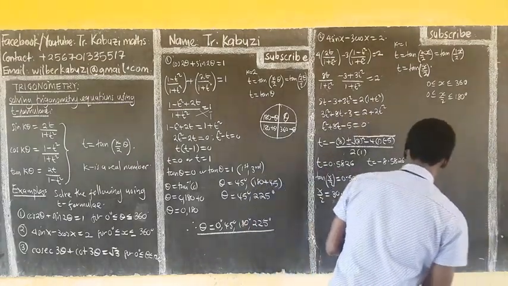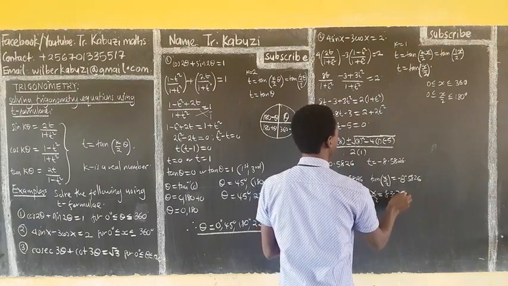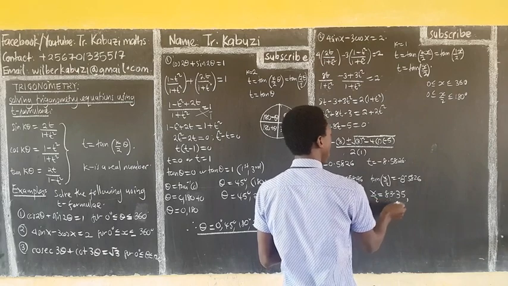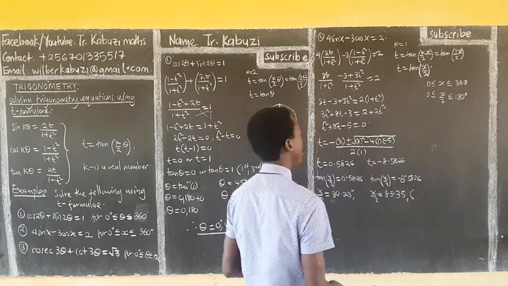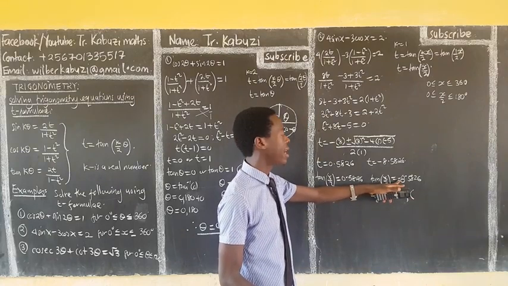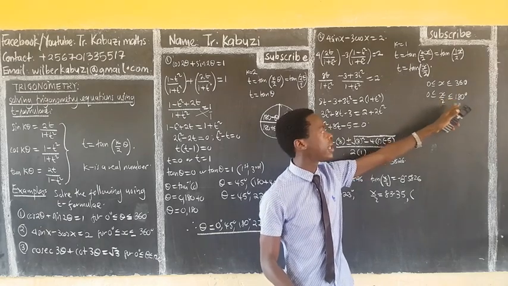So what I'm having as the acute is 83.35. Then we said, because this is not the angle we want, our angle is the one in the second quadrant. Why? Because sine is negative in the second and the fourth. But we have to compute for the second because the fourth is out of this range.